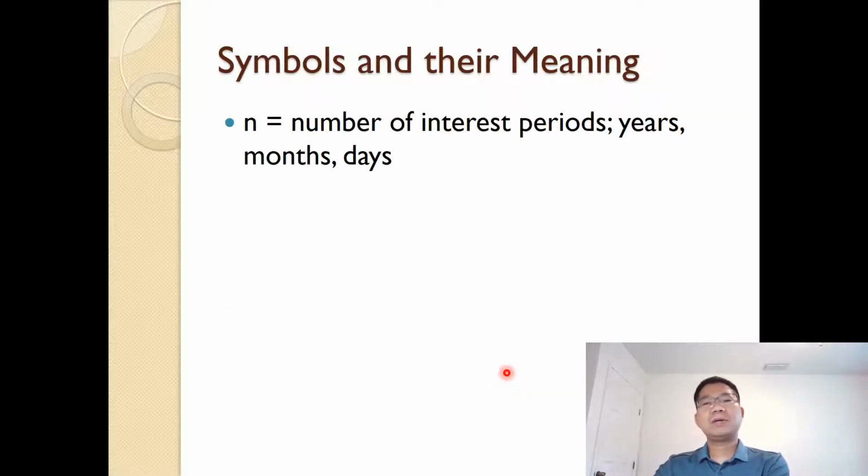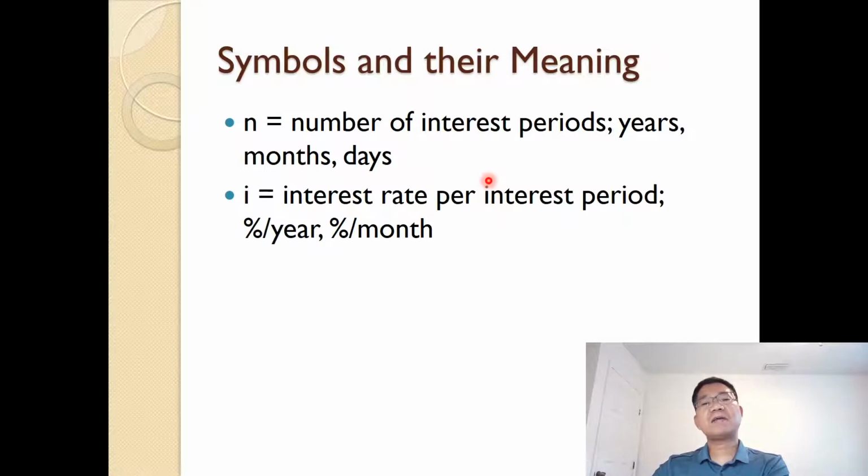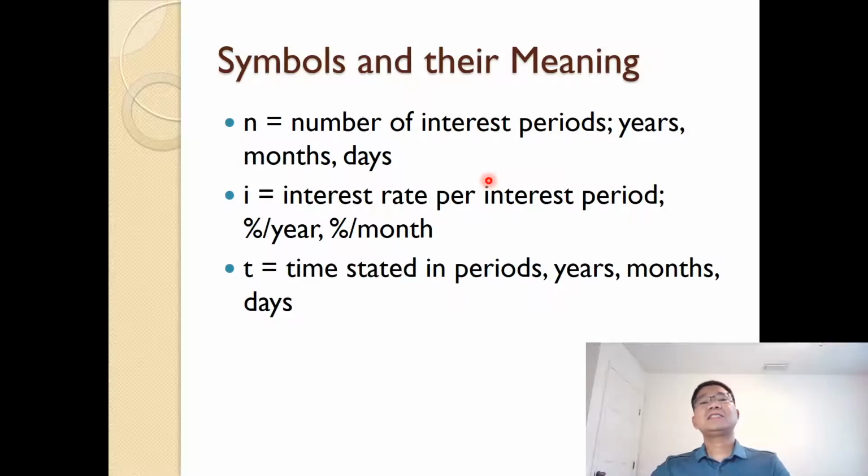And then N, the number of interest periods, year or month, depends on how the problem states it. And i, the interest rate per interest period, that is percent per year or per month. And the time unit is stated in the period. So if the problem says pay a monthly payment, then that is month.